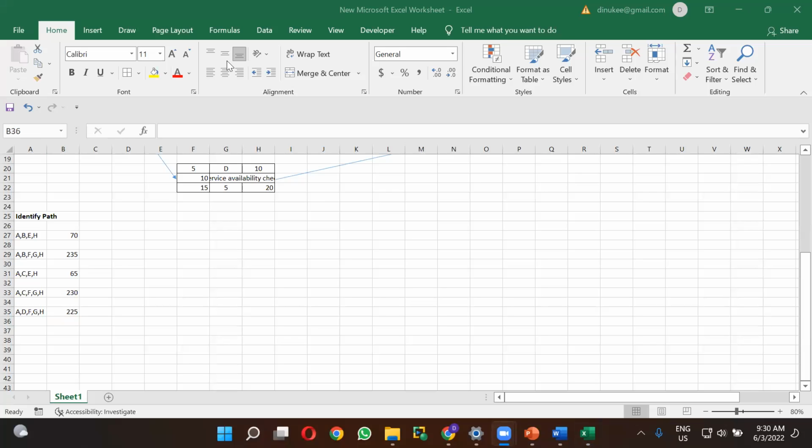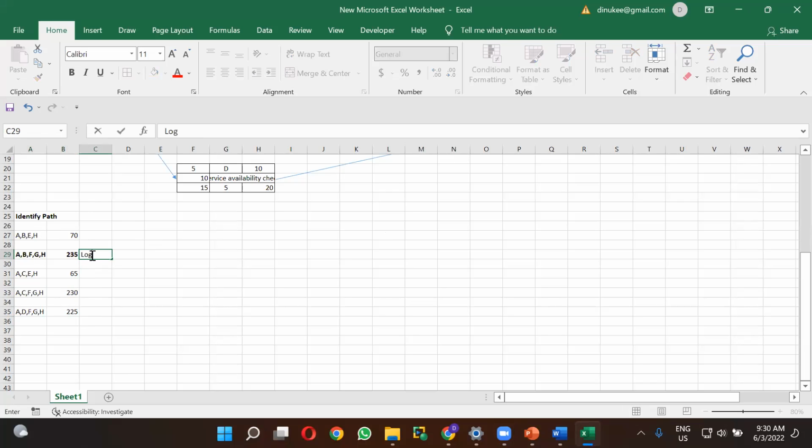Very good. The highest duration is for the second path. So this is the critical path.